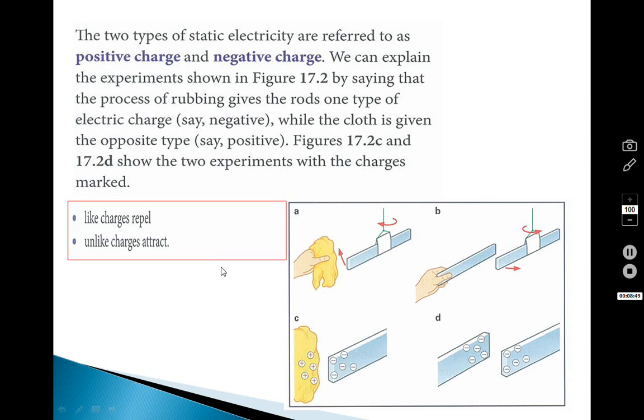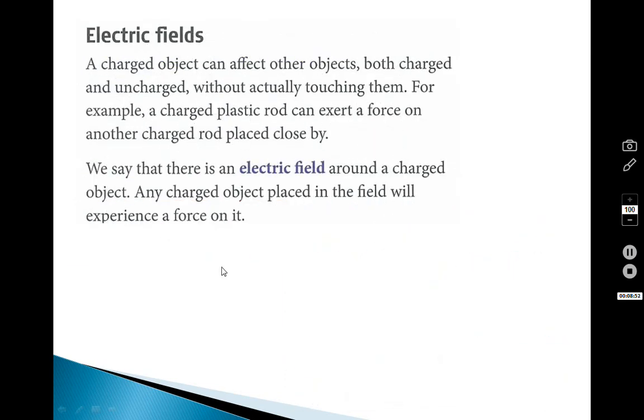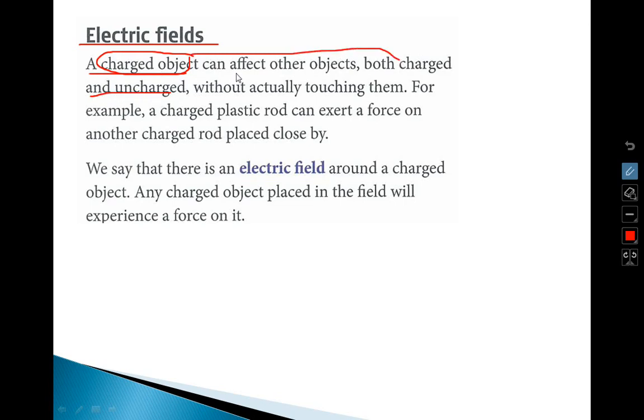Now let us move to another subtopic, which is electric fields. As we said in the last figure, any charged object can affect other objects, both charged and uncharged. So any charged object can affect other objects near it, whether they have a charge or no charge.